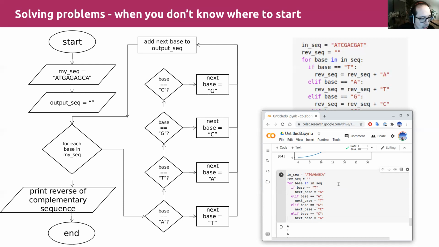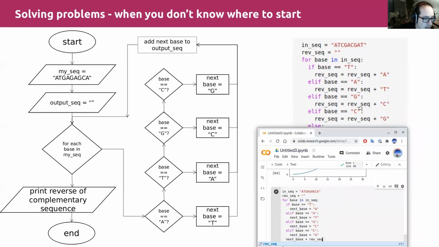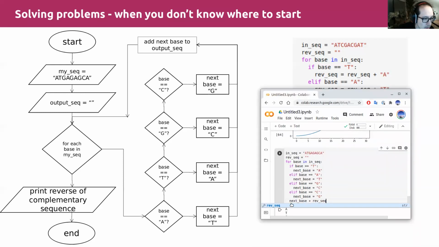And at the end of this conditional, we're still in the loop. We want to then append or add next base to our growing sequence, reverse sequence. And in this key here, you can see that we've just done this directly. So we've updated the value of the reverse complement here that we're growing.